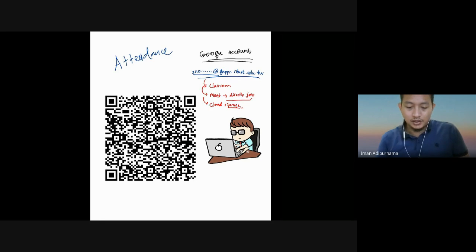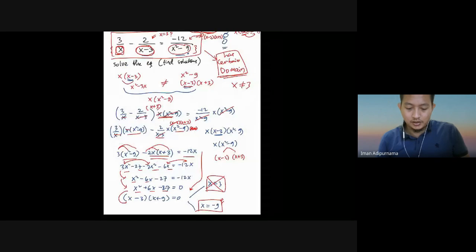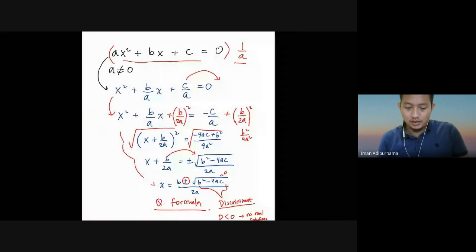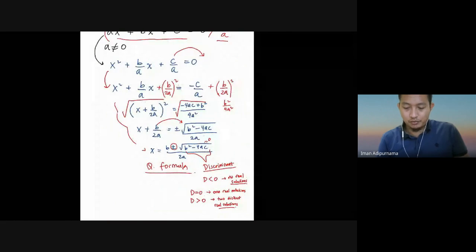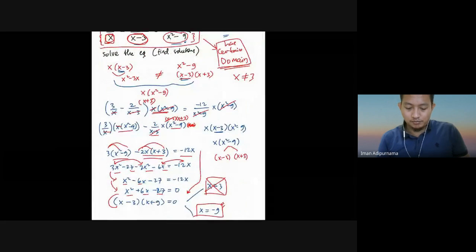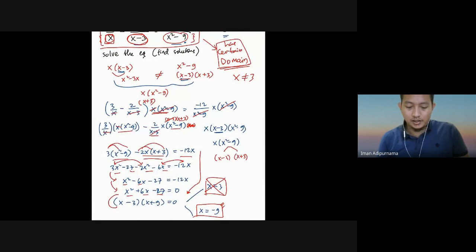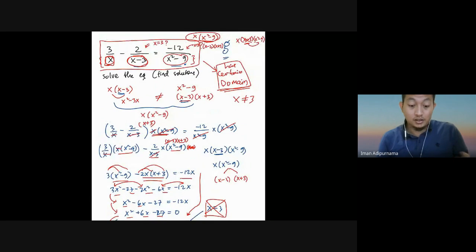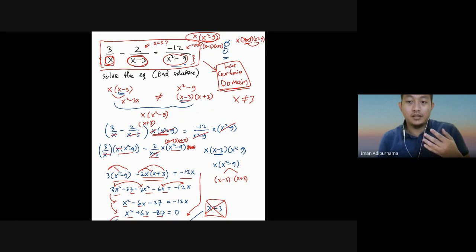Looking back here, this is our discussion of the quadratic formula, and then some examples. I think this is a good example for you to solve. I hope you try to solve the question by yourself, not looking at my answer.